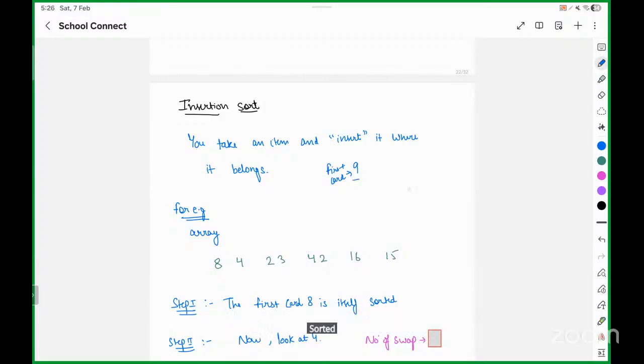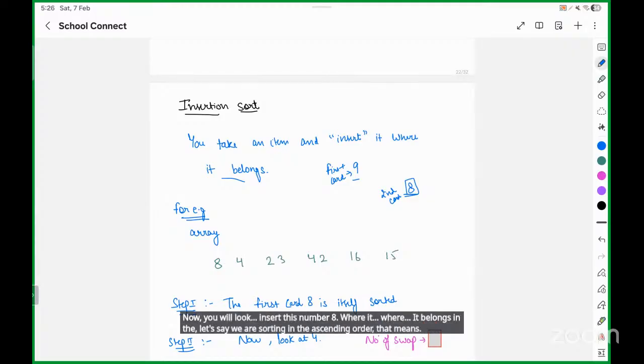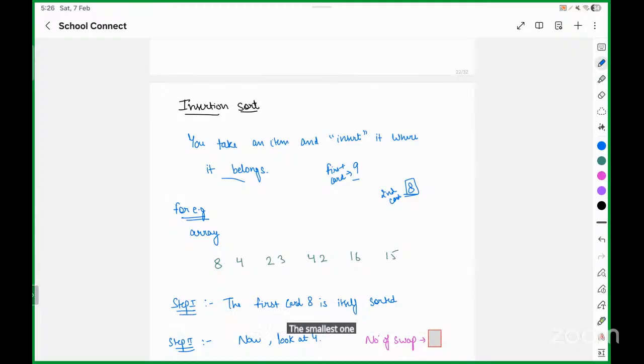Let me give you another number, which is 8. The second card is 8. Now you insert this number 8 where it belongs. Let's say we are sorting in ascending order, meaning the smallest is on the first side and then increasing. So you will insert this card on the left side of 9. So that is 8 and 9.